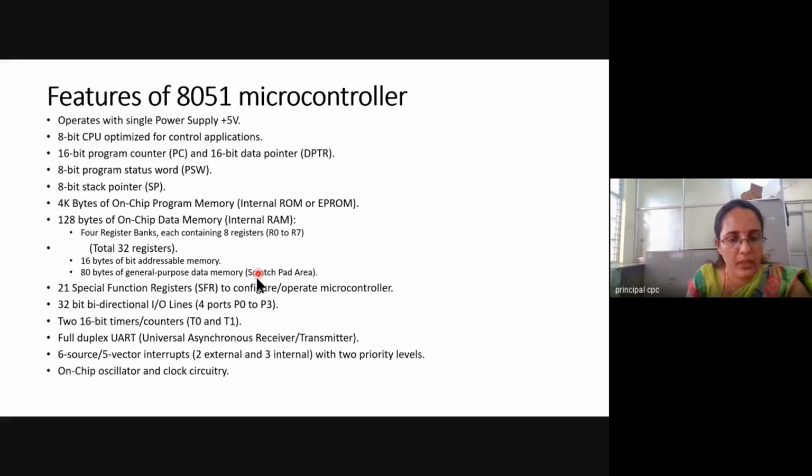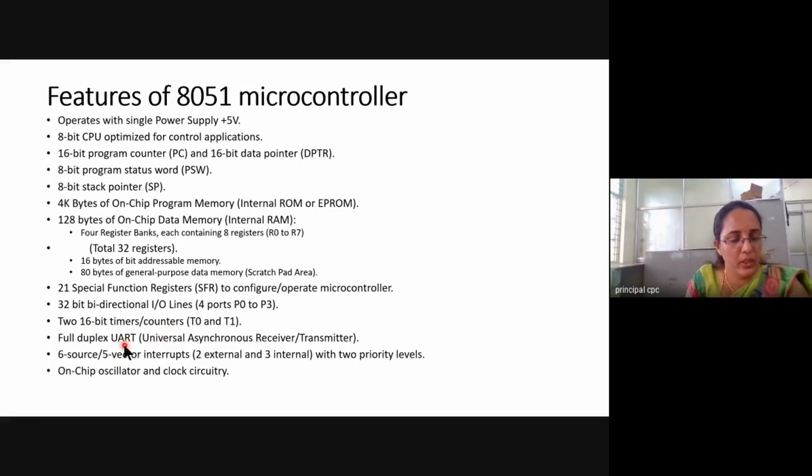Bidirectional means you can send and receive: P0, P1, P2, P3. And you have 2 timers which can operate both as timers to count the internal clock as well as counters to count the external events. And these two timers are of 16-bit.